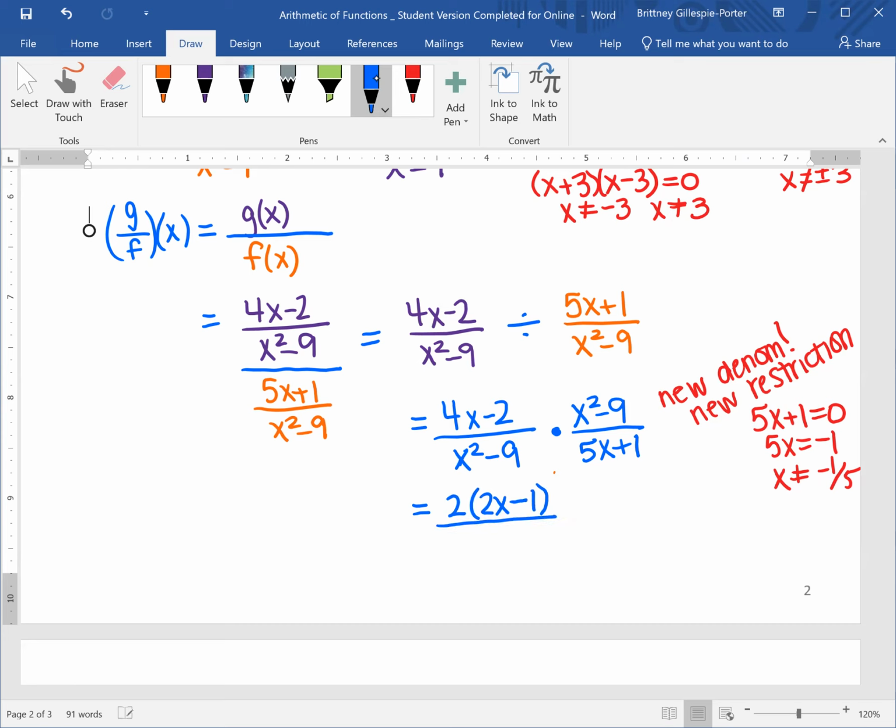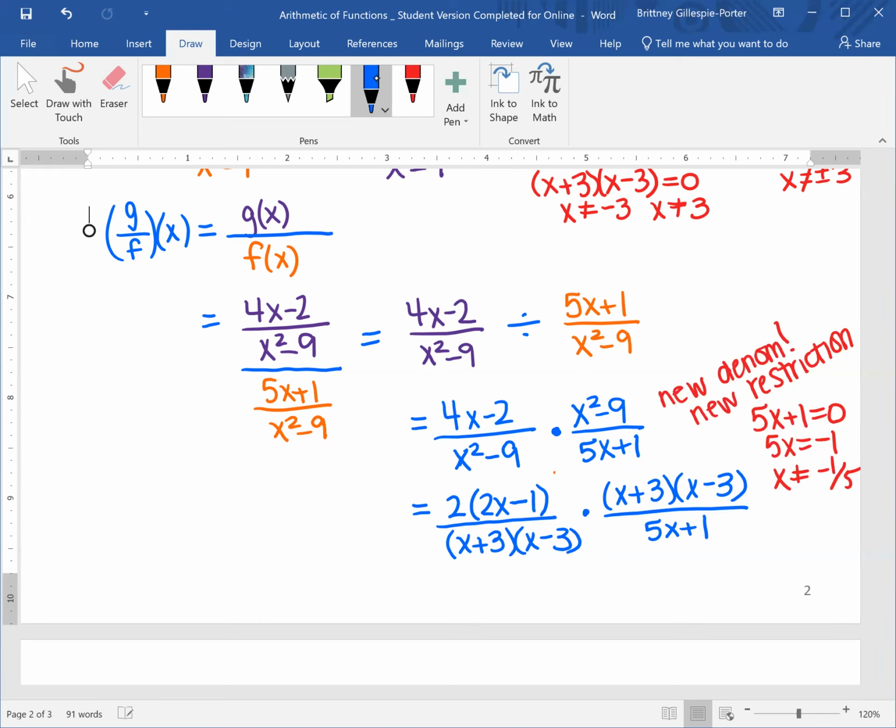The first denominator we factored when we were finding the original restrictions. It's x plus 3 times x minus 3. So that's the same for our second numerator, and that is all over the 5x plus 1.